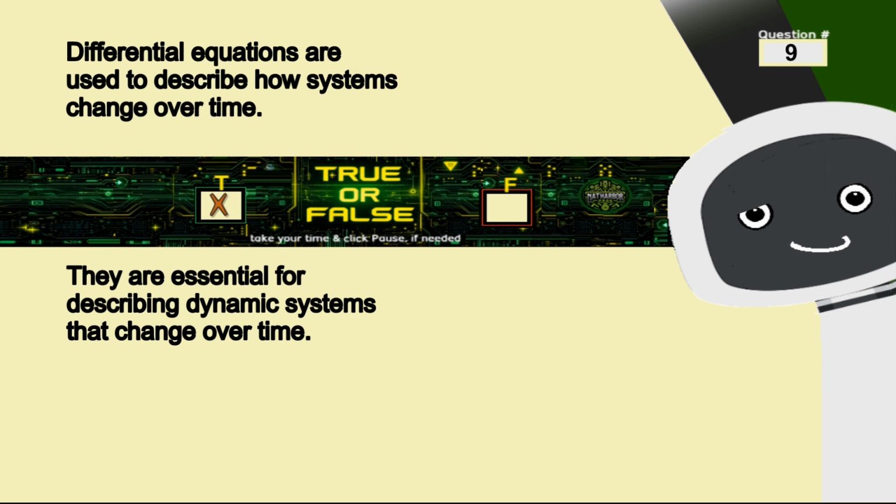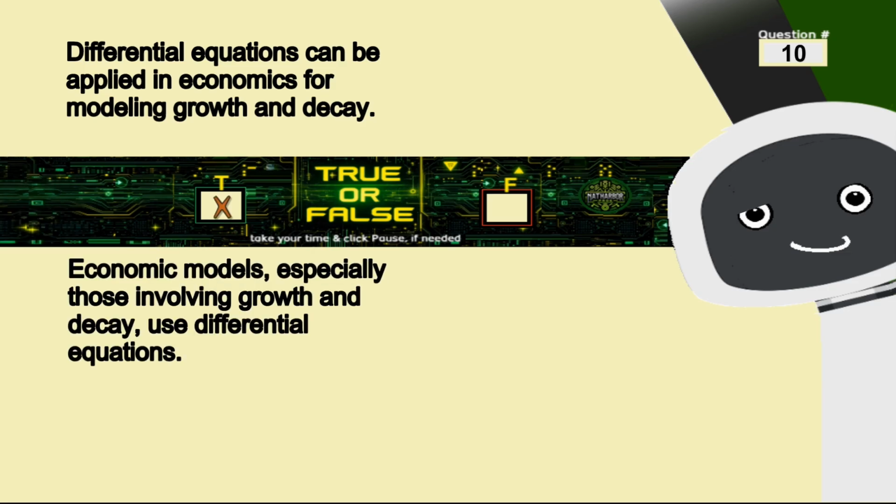That's true. They're essential for describing dynamic systems that change over time. True or false? Differential equations can be applied in economics for modeling both growth and decay. That's true. Economic models, especially those involving growth and decay, use differential equations.